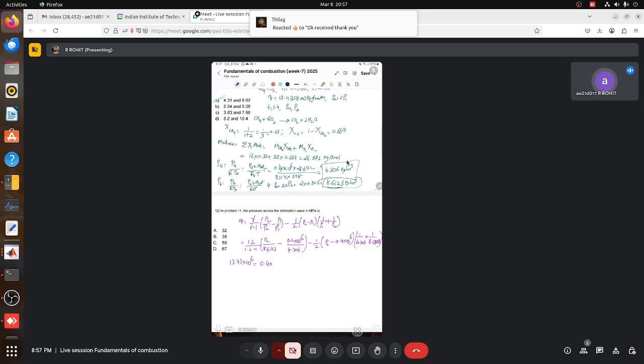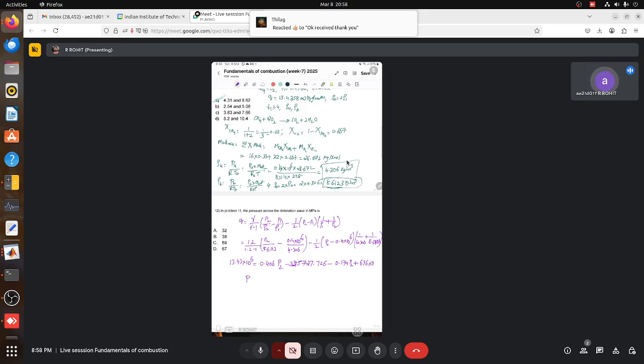which if you substitute here, you will get 0.406 P2 minus 3257 27.726 minus 0.174 P2 plus 69600.